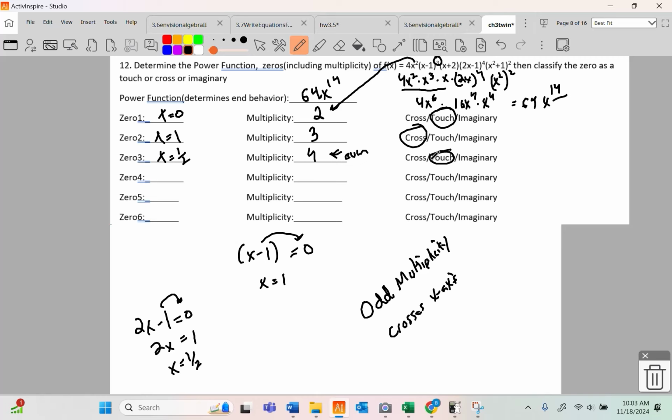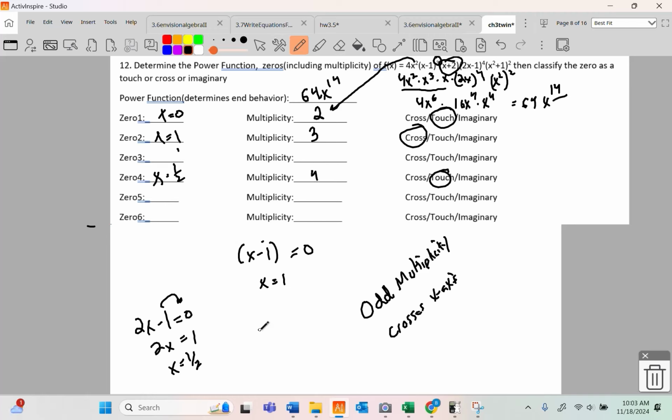Zero 4. I wonder why I left so many blanks here. 1, 2, 3, 4, 5. I don't know why I have so many blanks. You don't need the 6th one, apparently. Oh, I skipped a factor, didn't I? What happened to that guy? Let's move this one on down. I completely skipped over x plus 2.